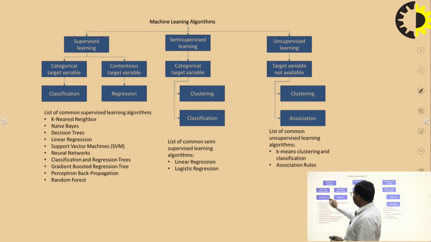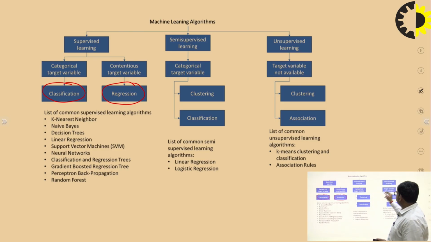Supervised learning can be further categorized into two kinds of learning, that is classification and regression. I'll come to it. But unsupervised learning is used when the target variable is not available, as I said, for finding the hidden patterns of the given data.